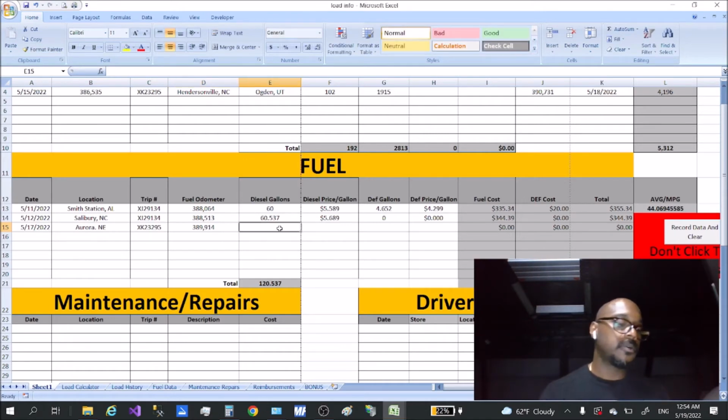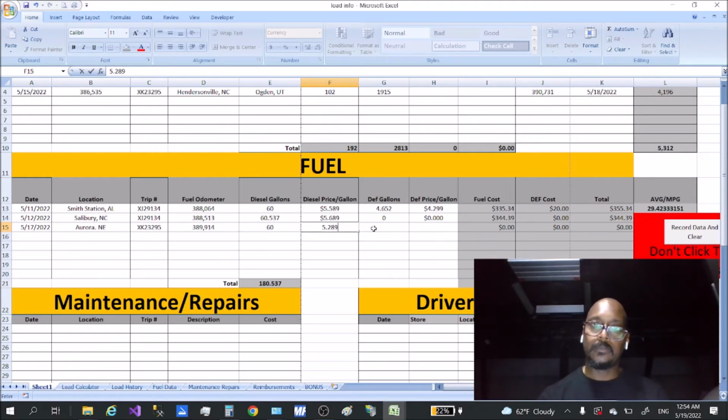I put 60 gallons, and the price was 5.289. DEF was 4.565 for the gallons, and for the price it was 4.389.